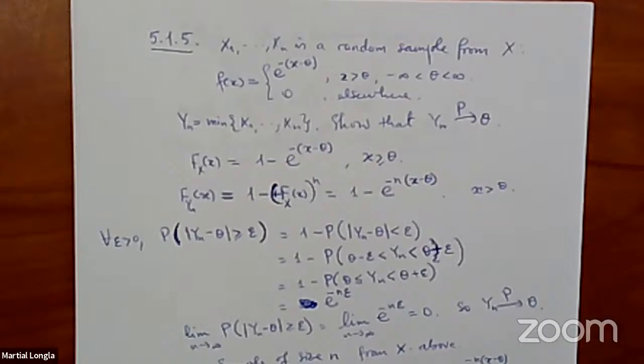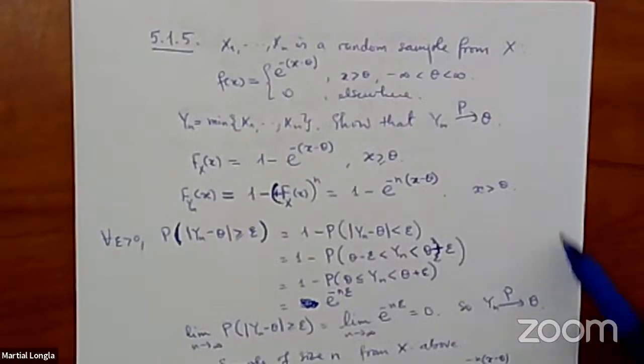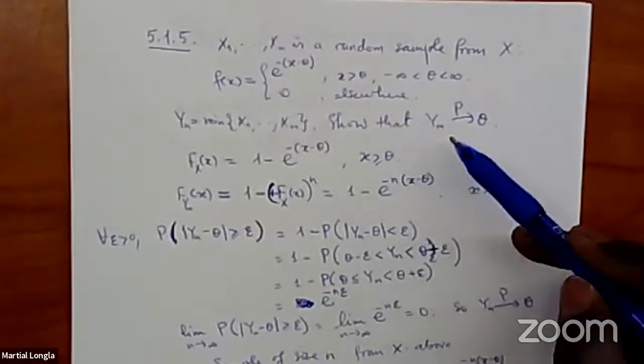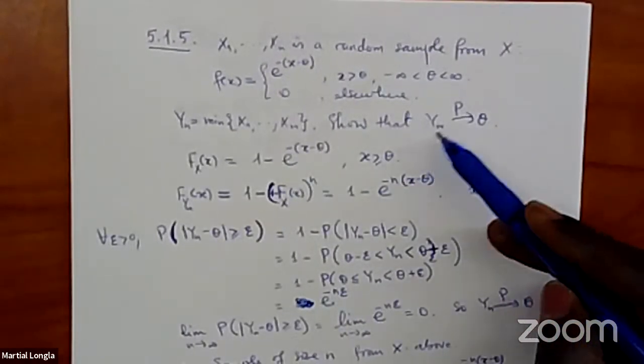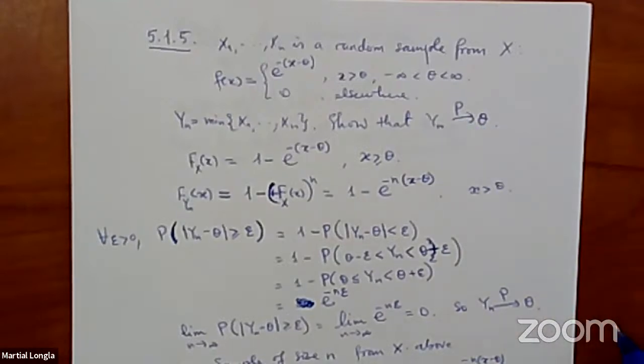And then yn is the minimum of x1 to xn. And then you have to show that yn converges to theta in probability.